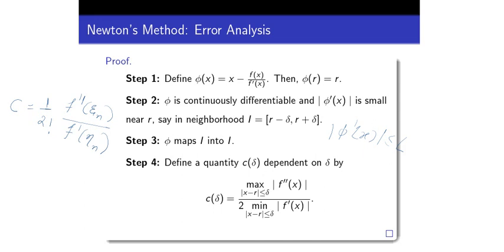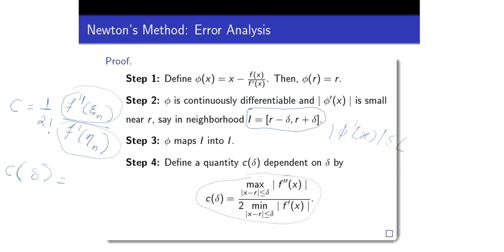So instead of the approximation, you have taken this in the neighborhood, in the interval I. So you require a new C which is now C of delta, of course depending on delta. To make the bound more appropriate, you can take the maximum of the numerator and the minimum of the denominator over that interval I. Then it will give you a new quantity C of delta, which depends on delta.